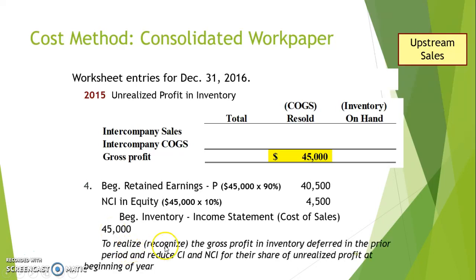So this is to recognize the gross profit in inventory that was deferred in 2015 and reduce the consolidated income and NCI for their share of unrealized profit at the beginning of the year.